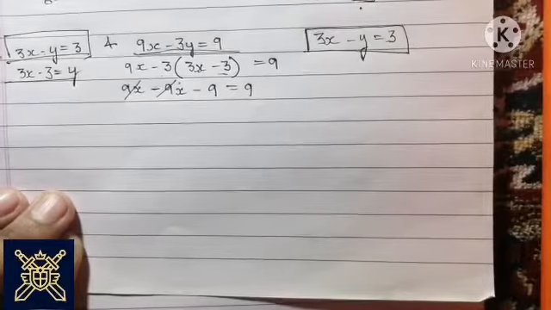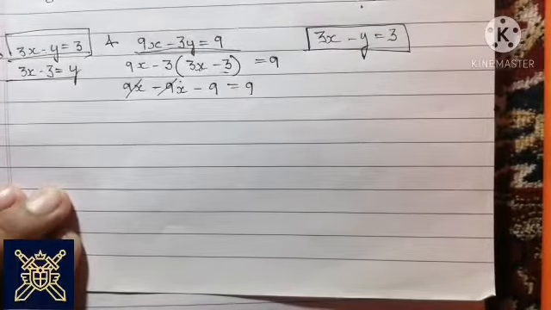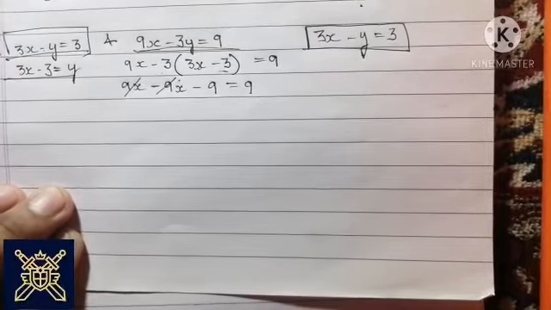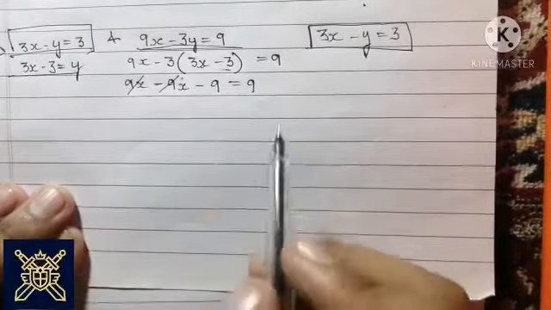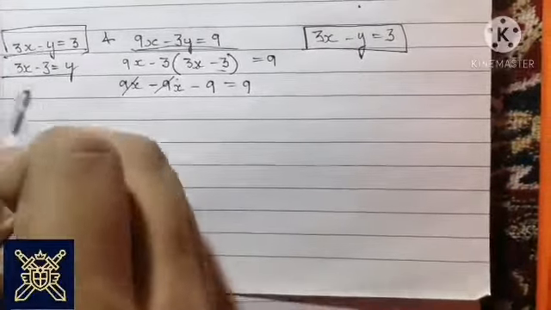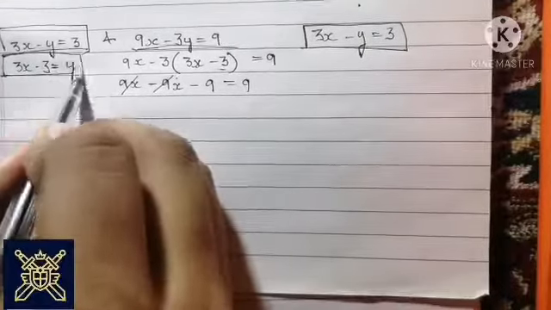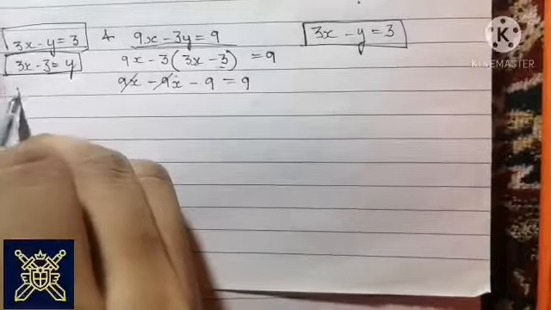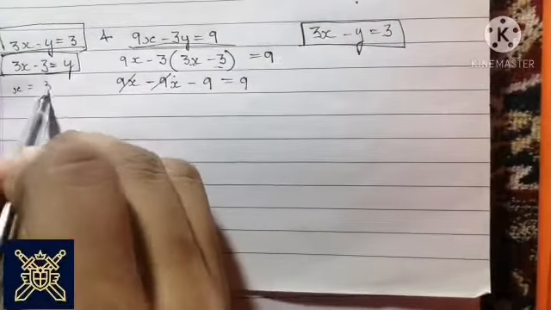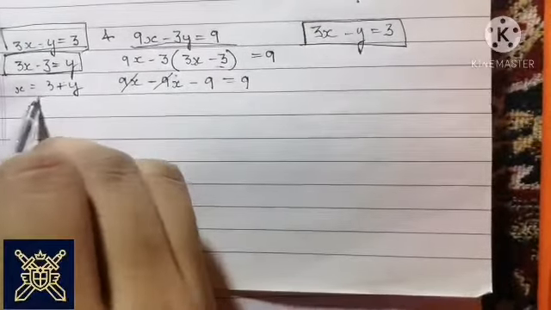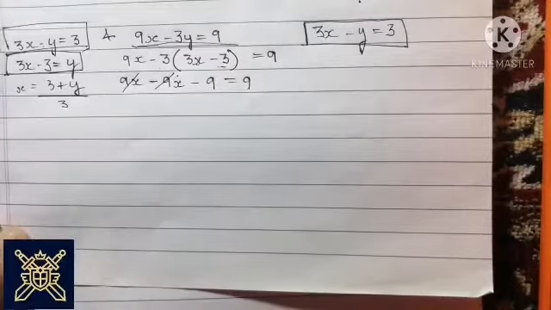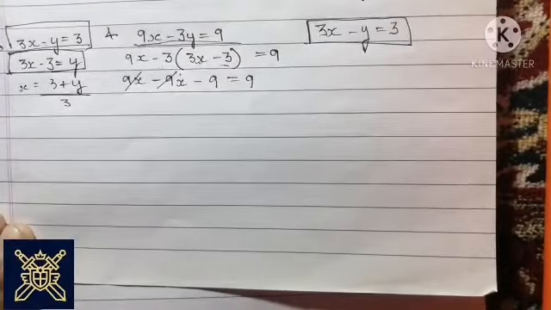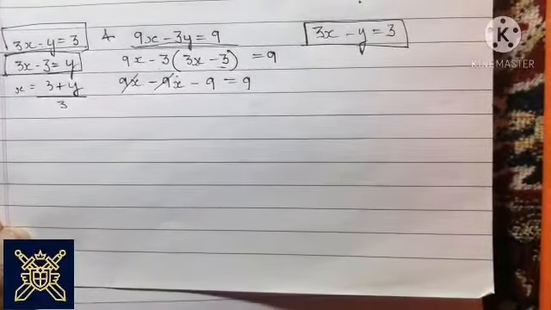Therefore, since both equations are equal, the value of y is equal to 3x minus 3 that we have found here. And similarly you can find that x is equal to 3 plus y by 3. You can get no clear value that is a rational number or an integer.